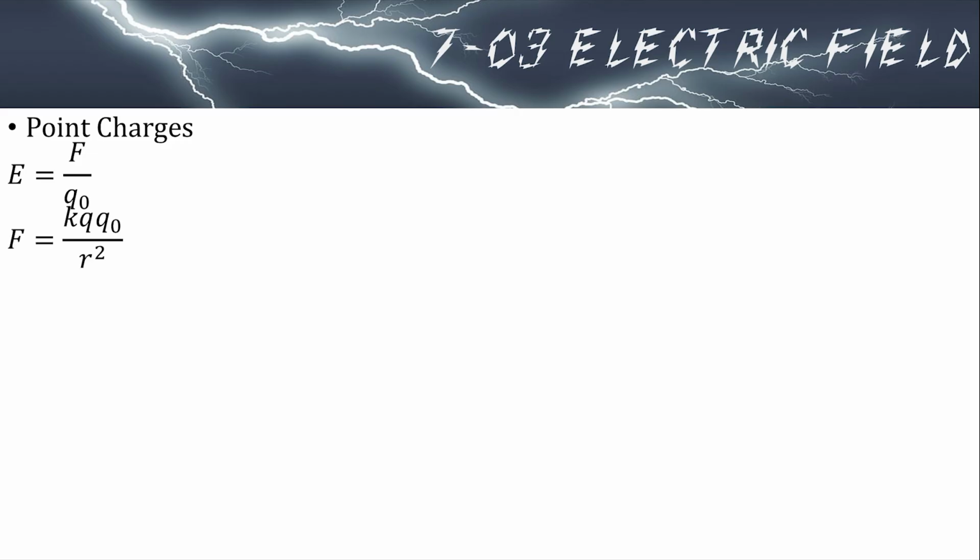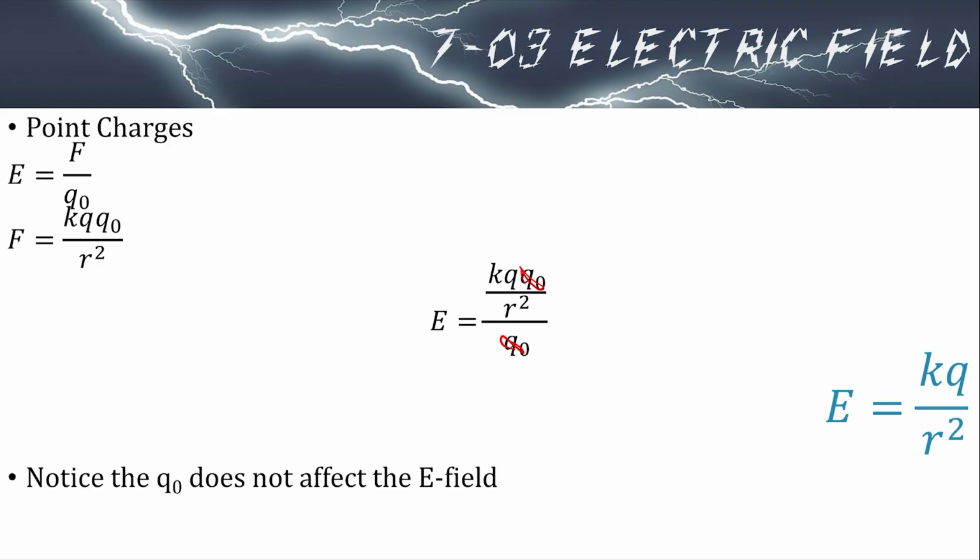Our force is kqq over r squared, so we'll put that in for our force. But then the q zeros cancel. And so for point charges, the electric field is kq over r squared. Notice the test charge does not affect the electric field.